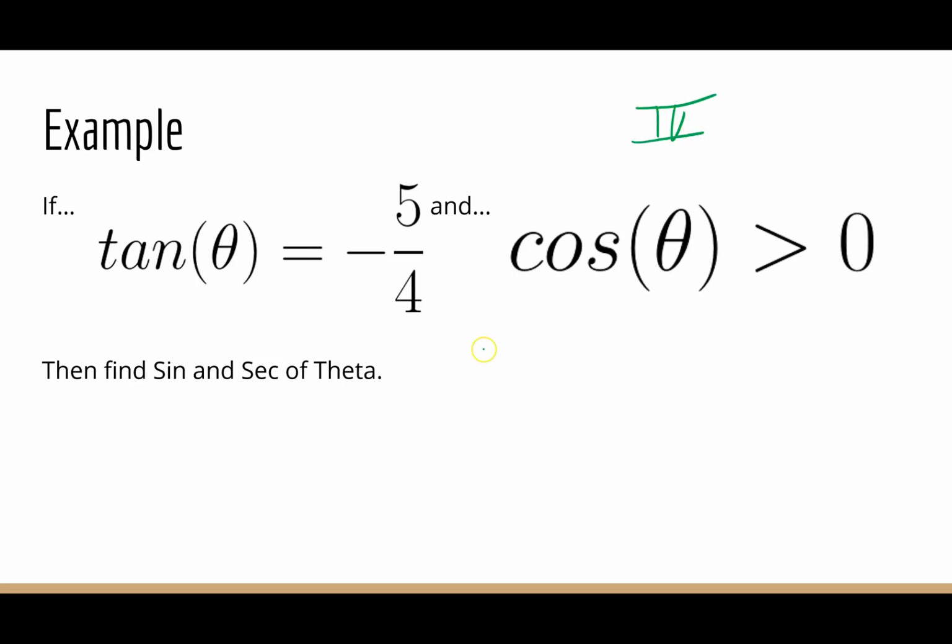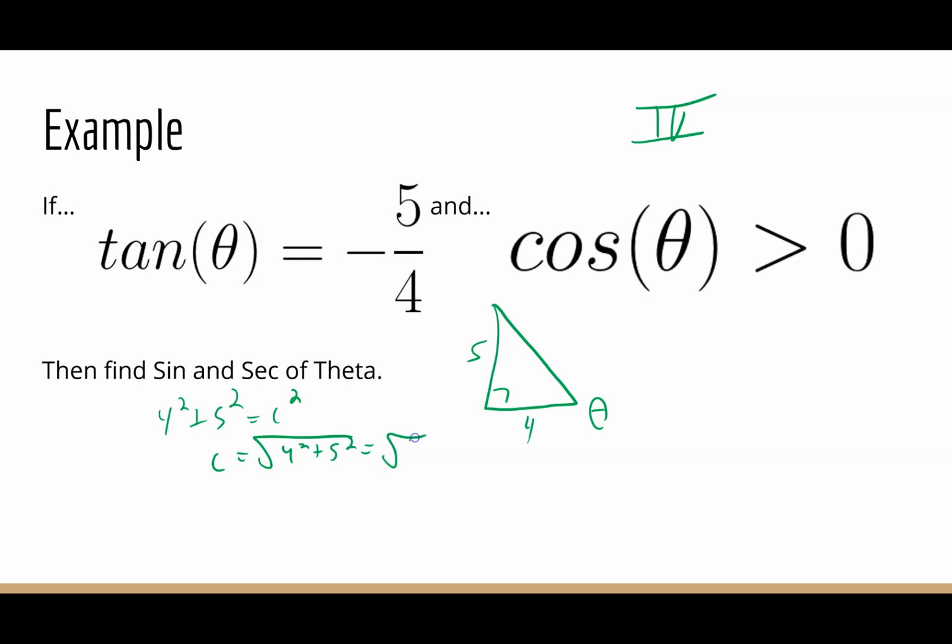So I'm going to draw my triangle. Tangent theta is negative 5/4. So 5, 4. Find the hypotenuse. So 4 squared plus 5 squared equals c squared. So c equals square root 4 squared plus 5 squared. If it's a decimal, I'm going to backtrack. And it's a decimal, so 4 squared plus 5 squared is just 41. So the hypotenuse, square root of 41.